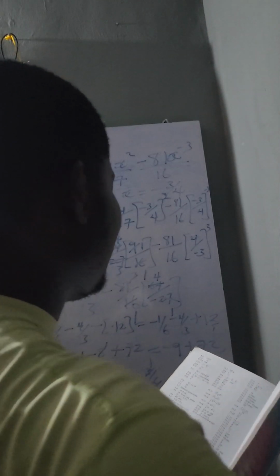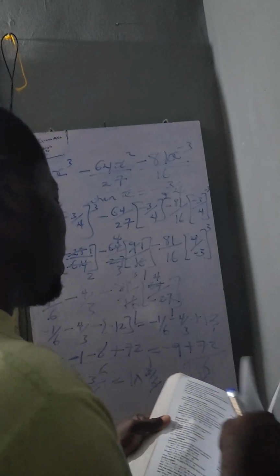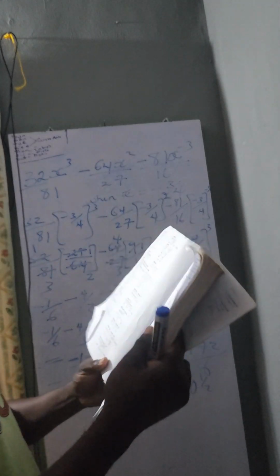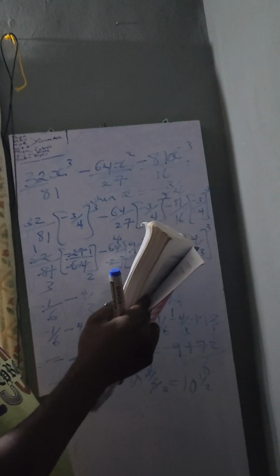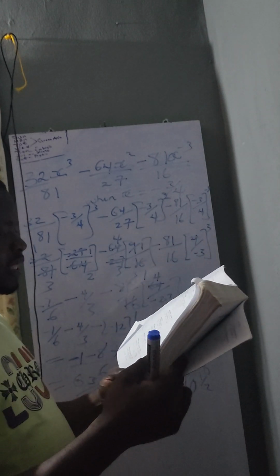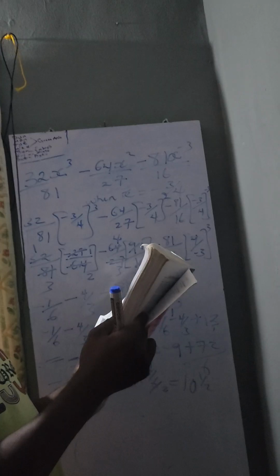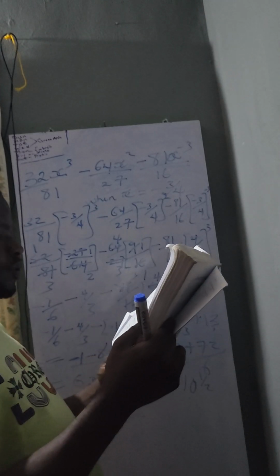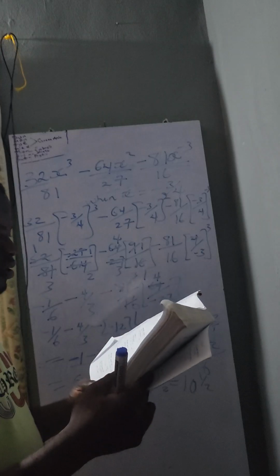So here, the first question is 18 raised to power 2 over 3 times 12 raised to power 1 over 3 equals 2 raised to power m times 3 raised to power n.